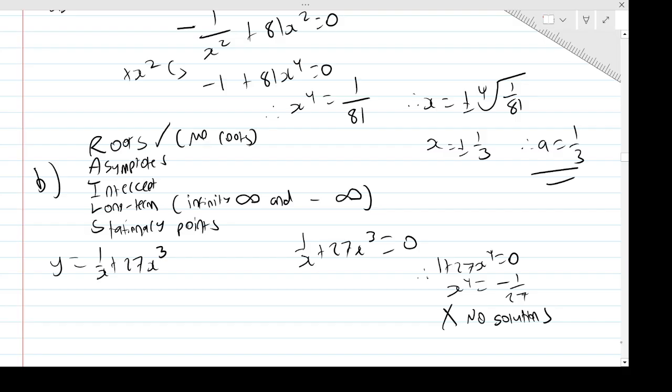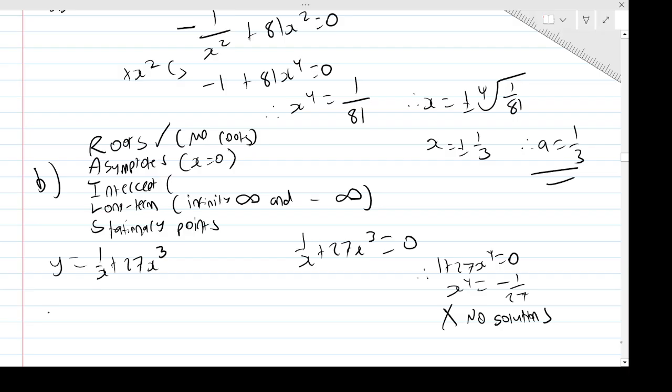Then the asymptotes. Now the asymptotes are where the curve isn't defined, usually. So we can see there's an asymptote at x is 0. So x is 0 is an asymptote. Cool. Then we are going to look at the intercept.